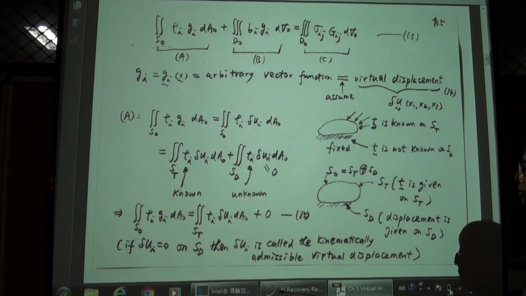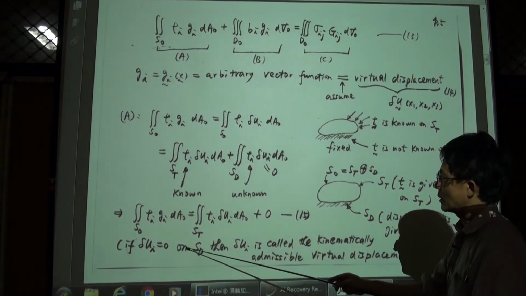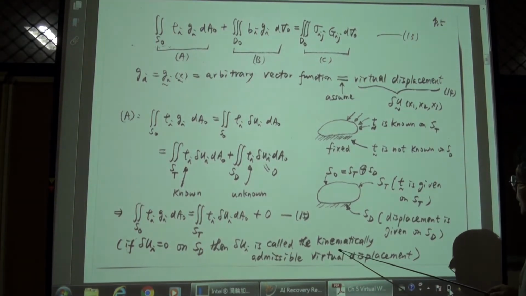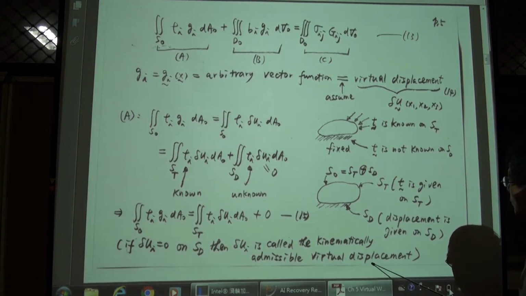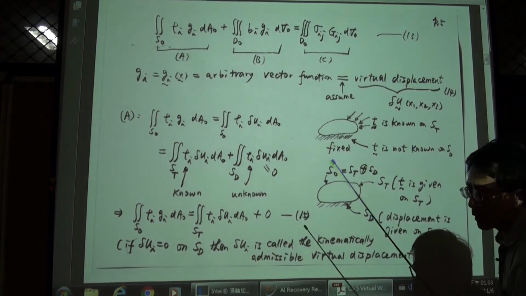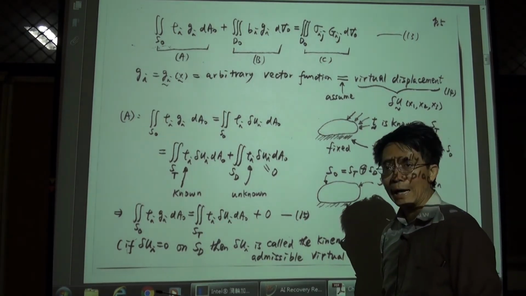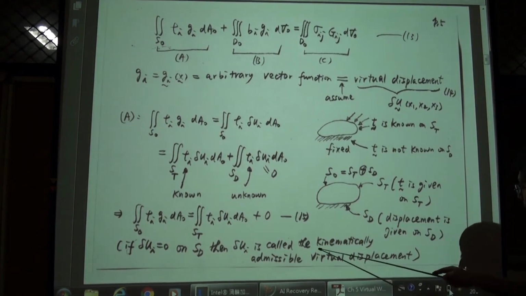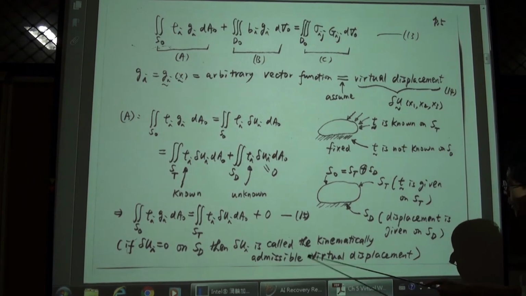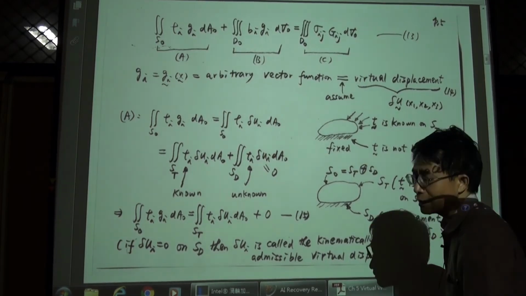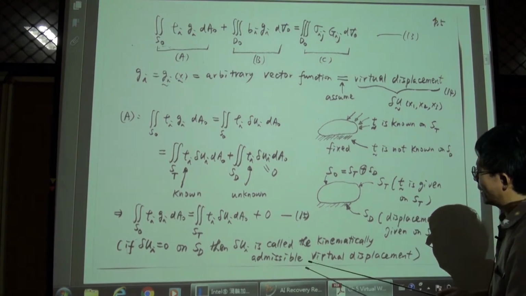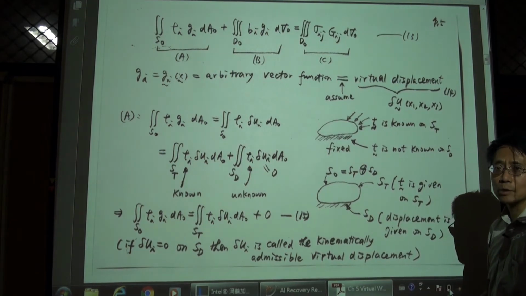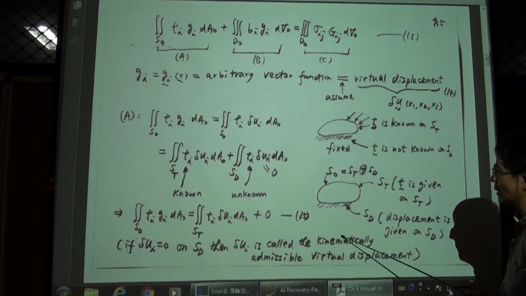If delta ui equals 0 on SD, then delta ui is called the kinematically admissible virtual displacement. If you look at the textbook or surf the internet, you can find this terminology very easily. The meaning is that we choose some part of the virtual displacement equal 0.